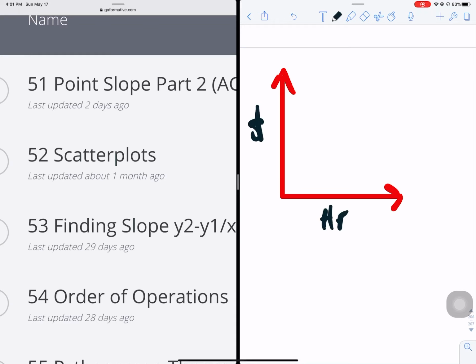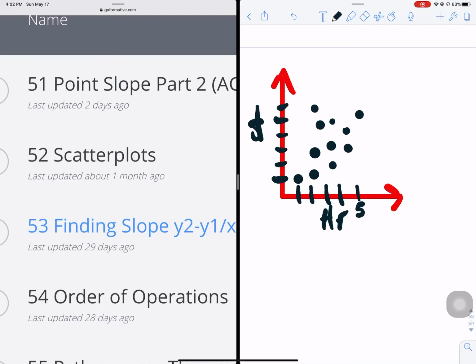So if I work 1, 2, 3, 4, if I work 5 hours, I'll make more money than if I were to work 1 hour. Okay. And some people make a certain amount of money to do 2 hours of work. Other people work 2 hours, they make this amount. Other people work 2 hours and make this amount. Some people work 3 and make this amount. Some people make 4, 5, 6, right?